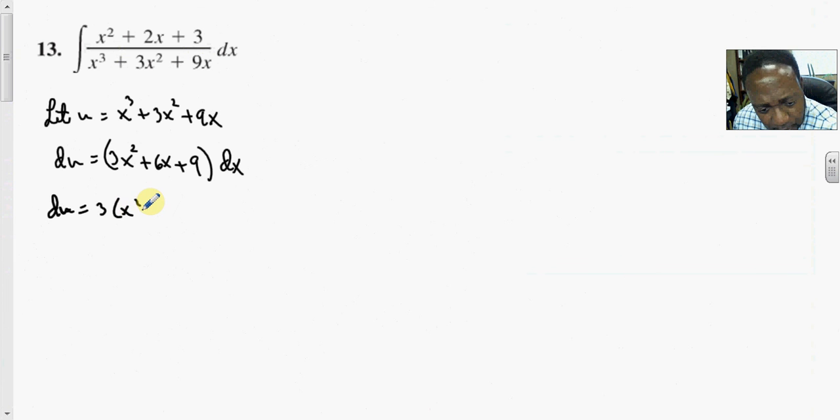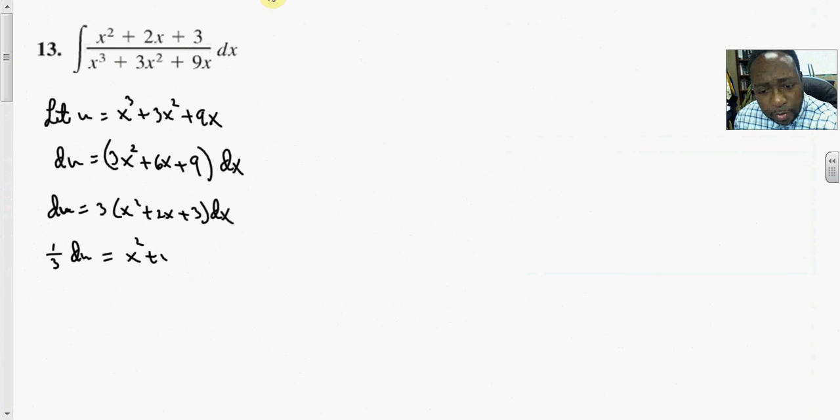This is x squared plus 2x plus 3 dx. Well, that's the numerator. So 1/3 du is x squared plus 2x plus 3 dx. So the 1/3 du represents the numerator with the differential.